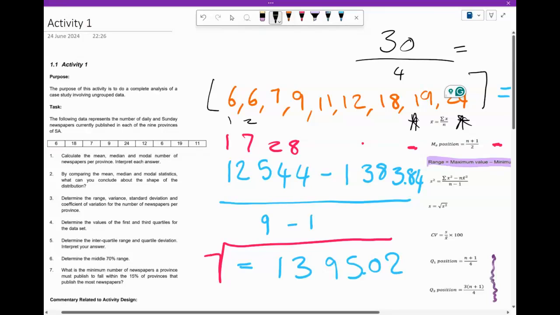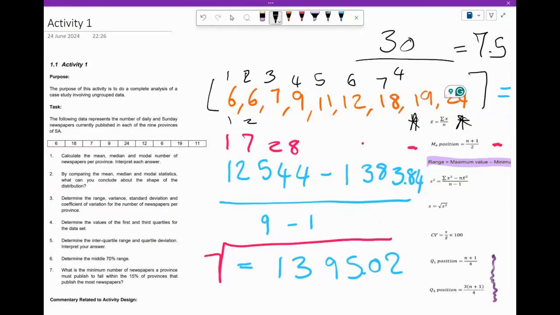Divided by 4 will give you 7.5. So again, 1, 2, 3, 4, 5, 6, 7, and then again we've got that half. So 19 minus 18, we get 1 again. Half of 1 gives you half. So it will then be 18 and a half.